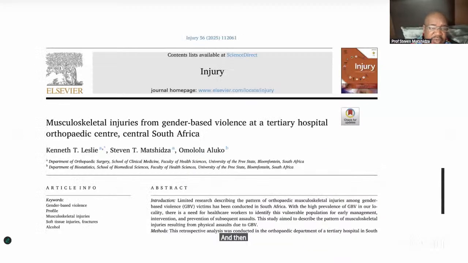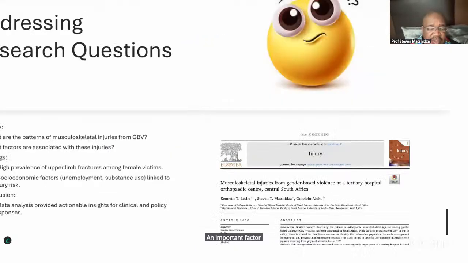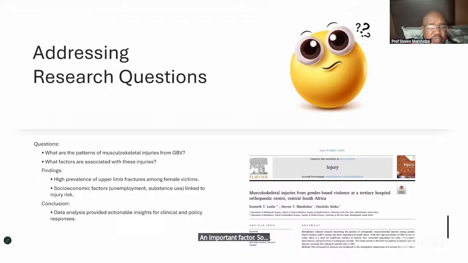And then we also realized that there were socioeconomic factors here that are linked to the injury risk. Unemployment was also an important factor. So what we conclude is that the data analysis provide actionable insight for clinical and policy responses.